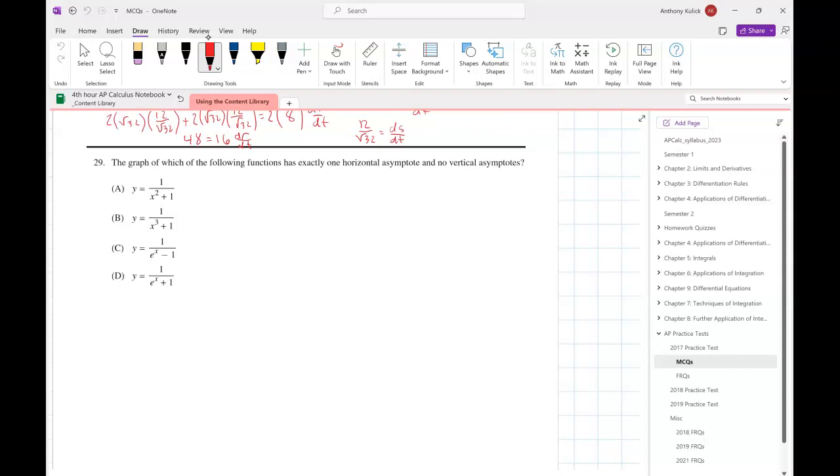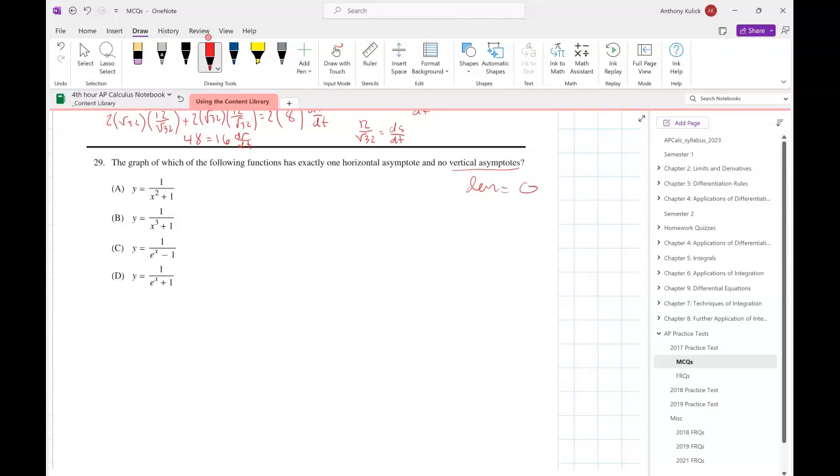You should all feel a little embarrassed because this is basically an Algebra 2 question. It says, which of the following functions has exactly 1 horizontal asymptote and no vertical asymptotes? How do vertical asymptotes occur? The denominator equal to 0.